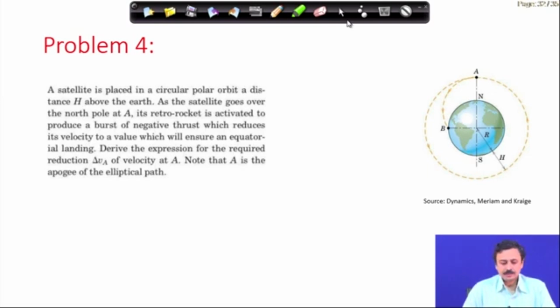Okay. Let us look at this problem now, again from the book of Meriam and Craig. A satellite is placed in a circular polar orbit a distance h above the earth.